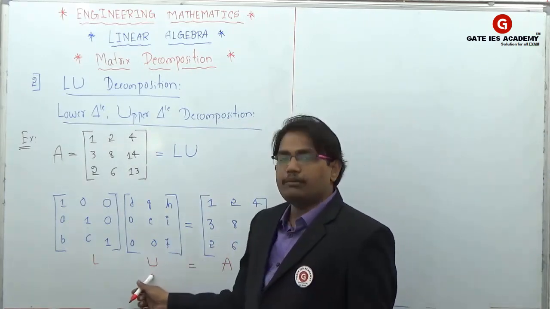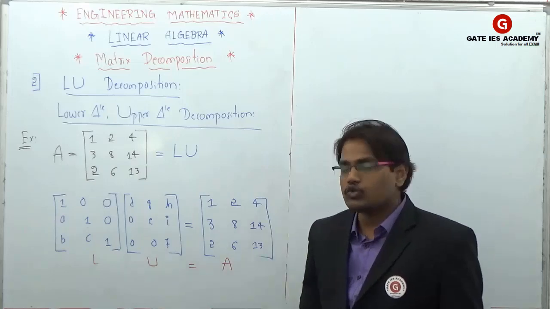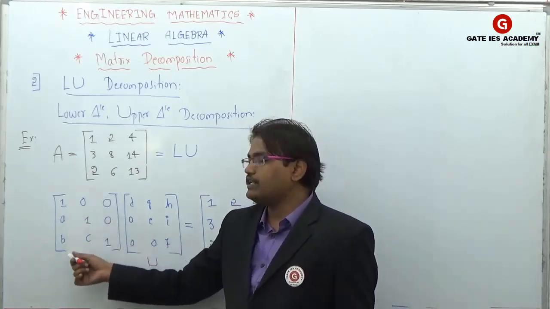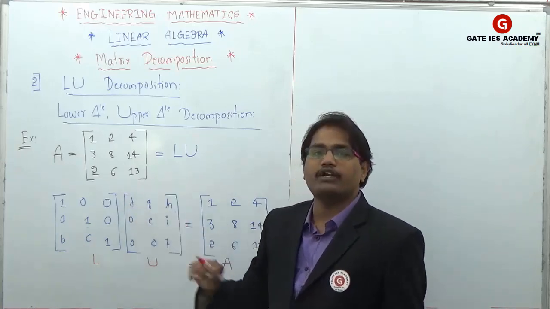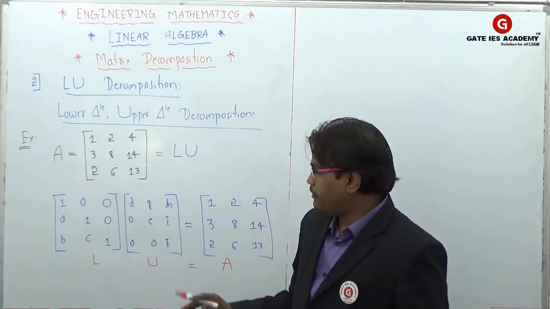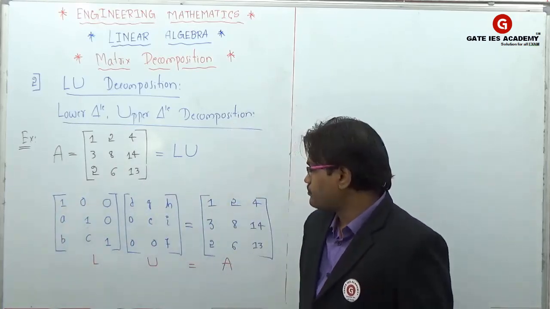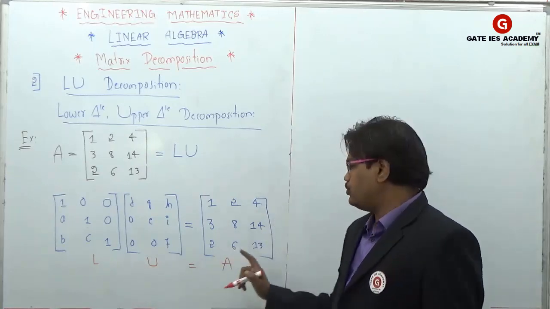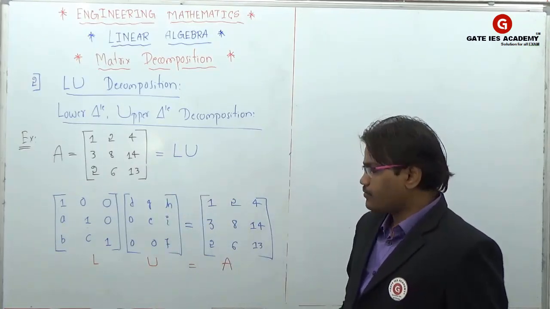For the upper triangle matrix, write the main diagonal also as unknowns: D, E, F, G, H, I, with 0 below the main diagonal. If you multiply these two, you should get the given matrix A.